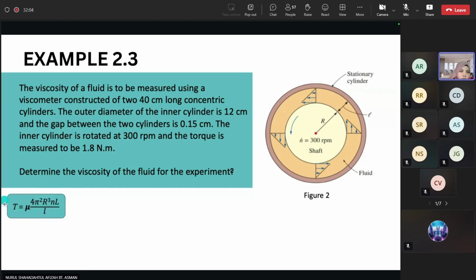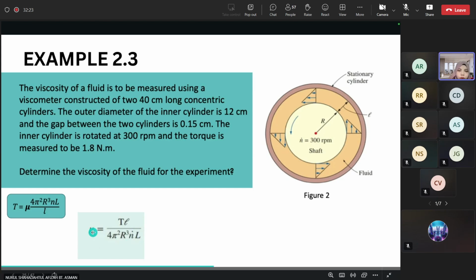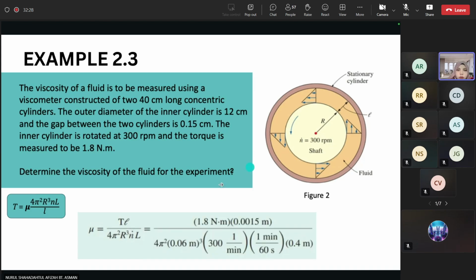By using this formula, you need to determine the viscosity: the torque times the length over 4 pi squared, and so on, because we want to find the viscosity. Our T is 1.8, the torque, and L is the gap between the two cylinders.